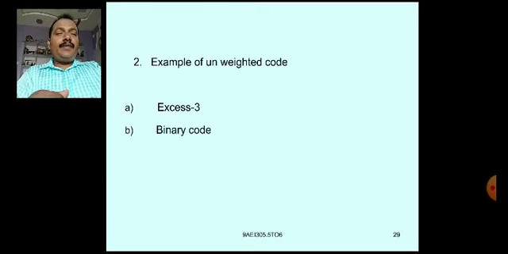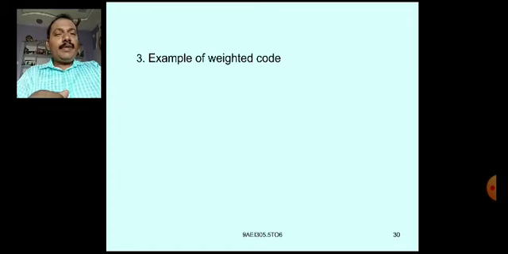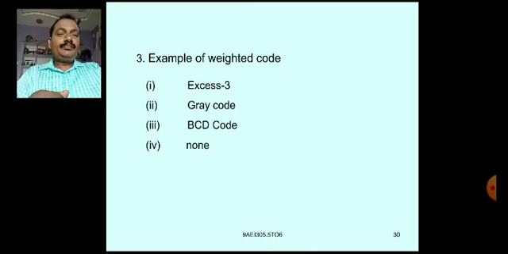What is an example of an unweighted code? Excess-3 code. What is an example of a weighted code? BCD code.